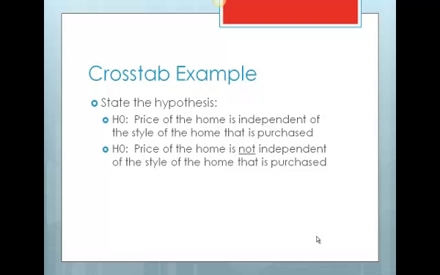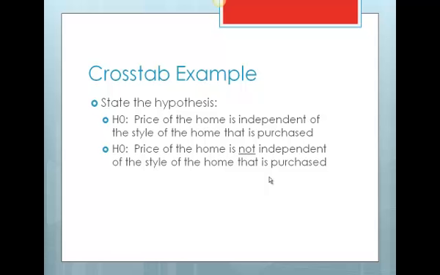So my first step is, let's examine my hypothesis. H0: the price of the home is independent of the style of the home that is purchased. HA, the second H0 should actually read HA: the price of the home is not independent of the style of home that's purchased. In general, when you're looking at these crosstabs, H0 is that row is independent from column.